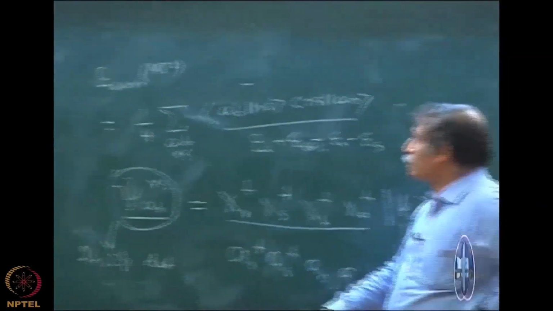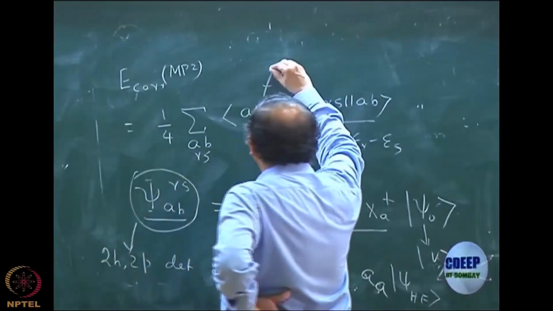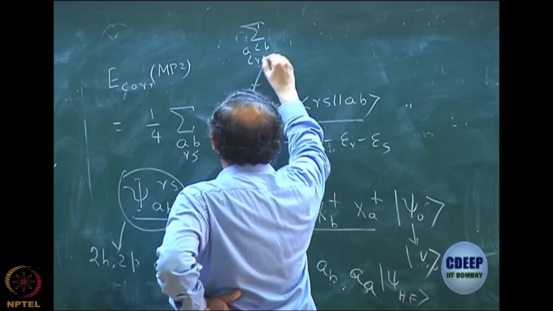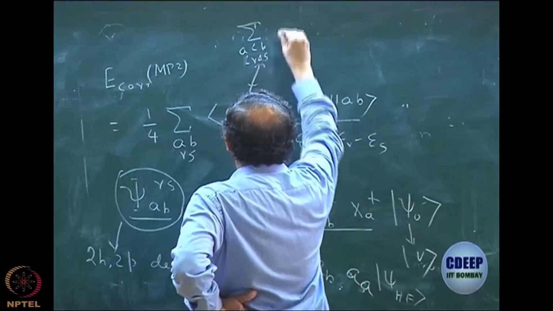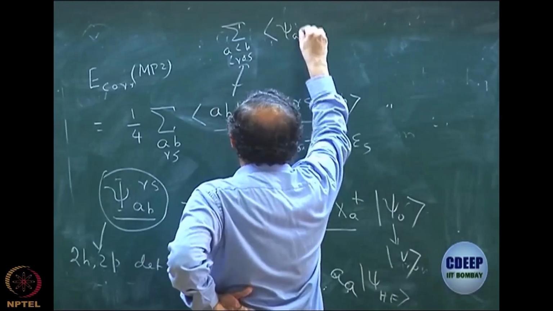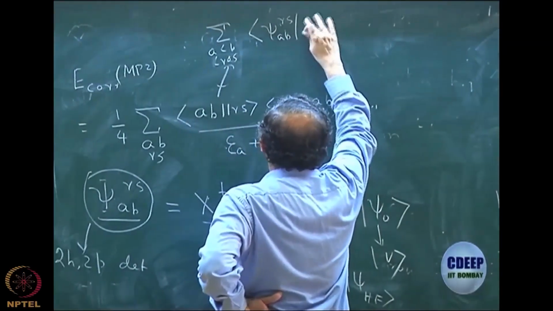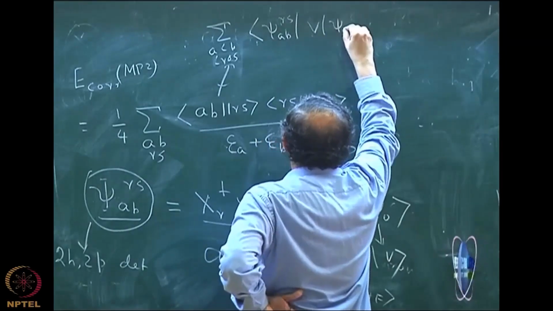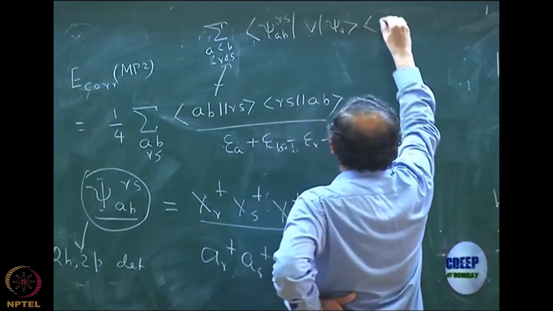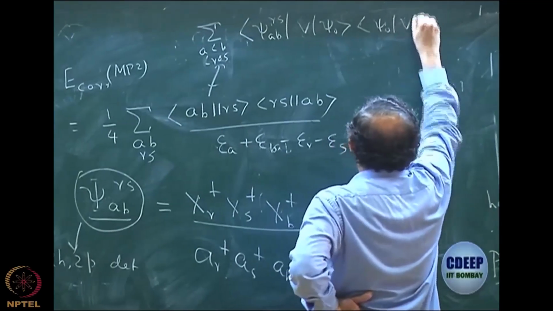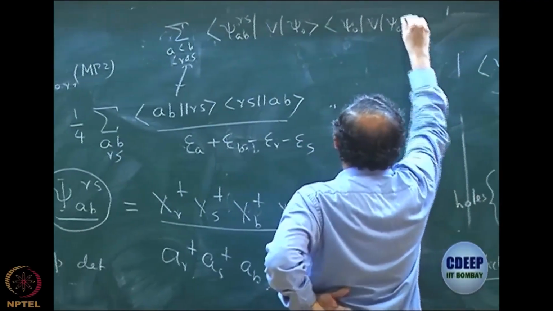All right. So this MP2 formula, if you remember, had come from the sum over A less than B, R less than S, of psi ABRS, which is now a 2-hole 2-particle state, V psi 0, which is a vacuum, times psi 0 V psi ABRS, or reverse, it does not matter.